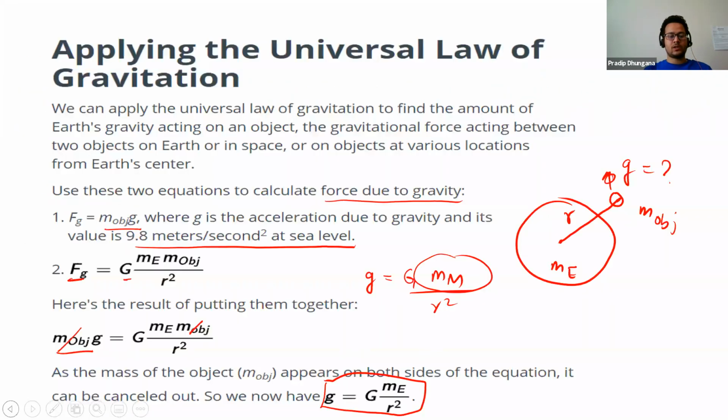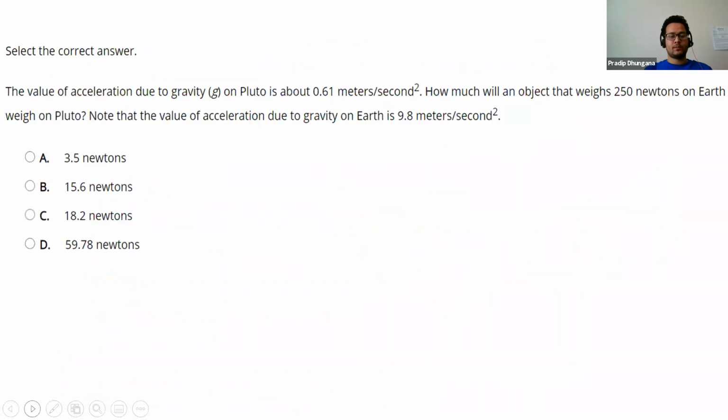Now let's work on some problems related to Newton's law of gravitation, or the universal law of gravitation. The question is: the value of acceleration due to gravity on Pluto is 0.61 meters per second squared.